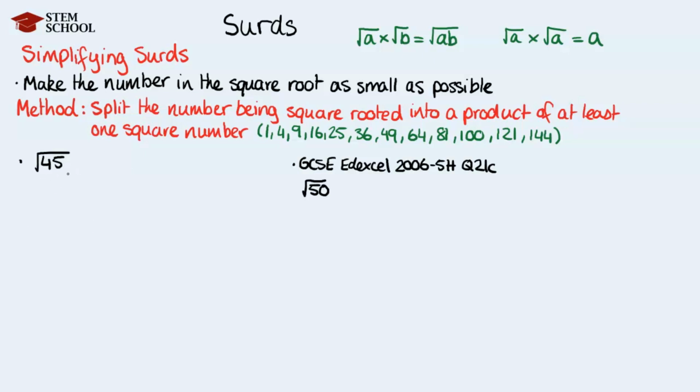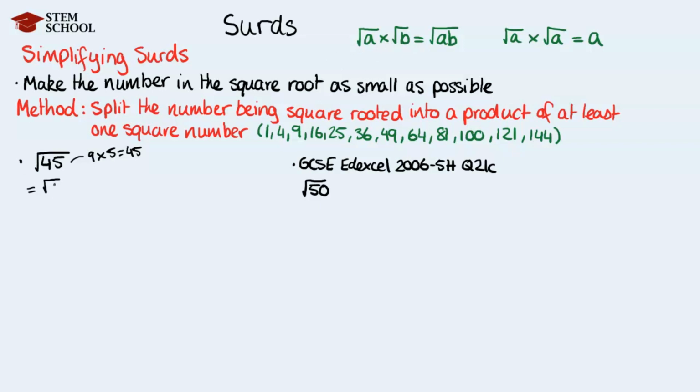We've got root 45. We have to simplify it. That will be the keyword that they use. So which one of these square numbers multiplied by any other number makes 45? Well, I know that 45 can be broken into 9 times 5. Okay, so 9 is a square number that I'm dealing with. So we just rewrite it in this form of this rule that we just went over, rule 1.